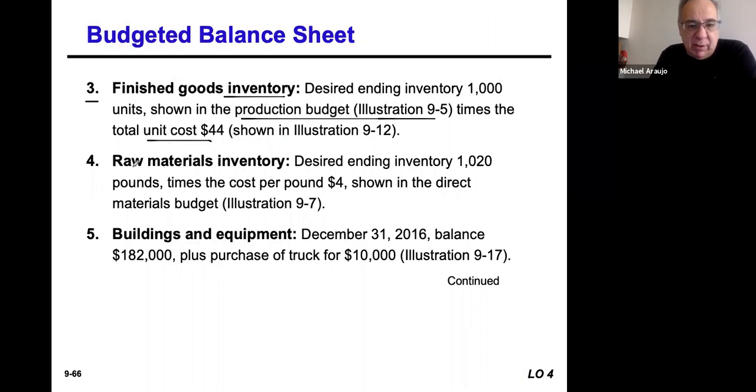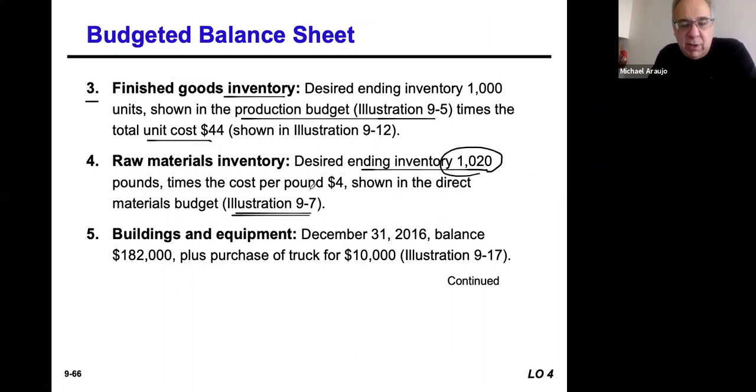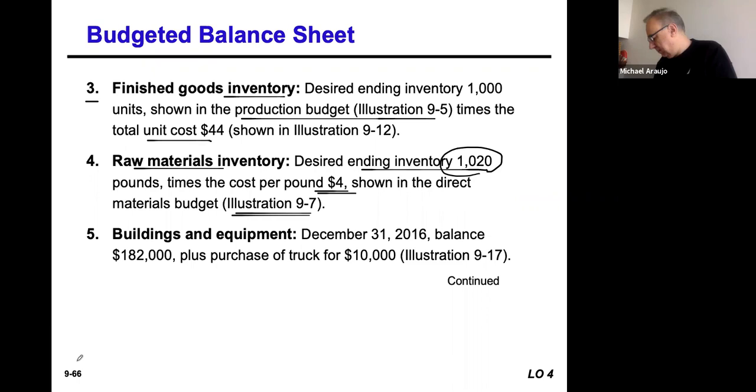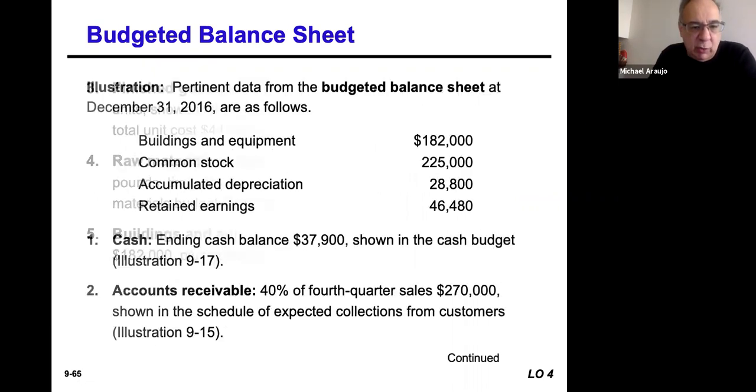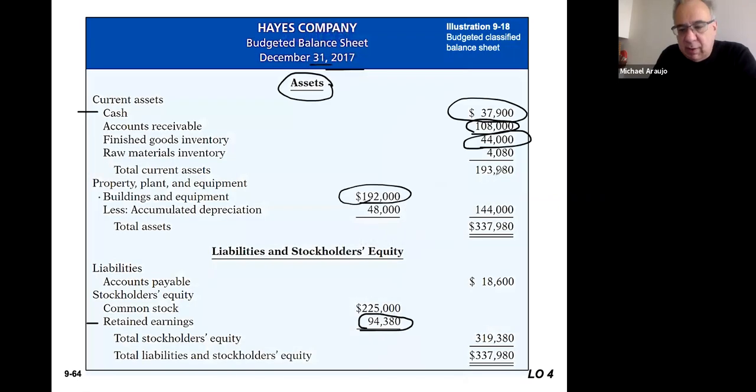Raw materials, you have ending inventory from your budget, that's part of illustration 9.7, of 1,020 pounds, and it's $4 a pound. So this is a raw material inventory. You multiply that out and you're going to get the $4,080 that's shown here.